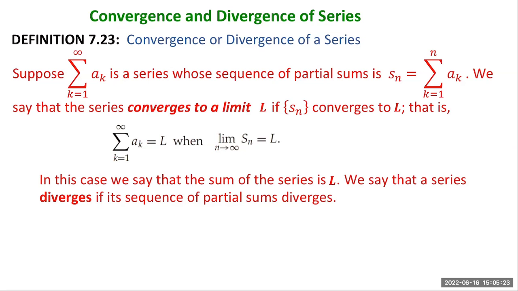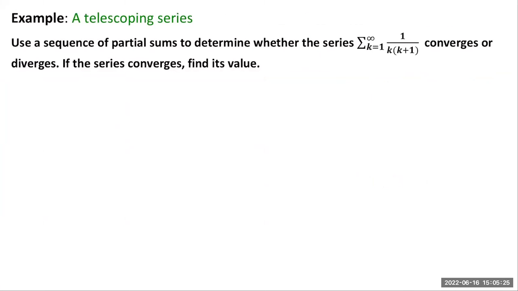All right, let's move on. Let's go over this example now. This is the series that I want to look at in this example. Use a sequence of partial sums to determine whether this given series converges or diverges. If the series converges, find its value. How do we determine whether this series converges or diverges?